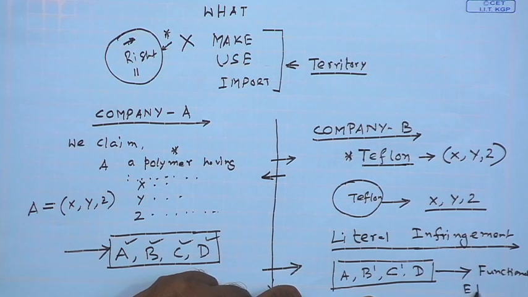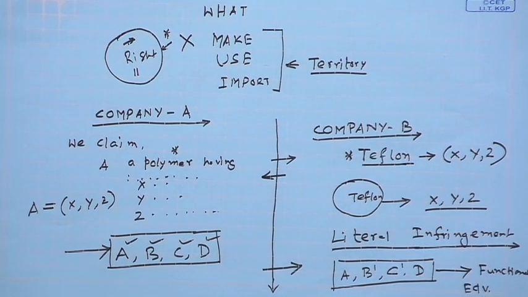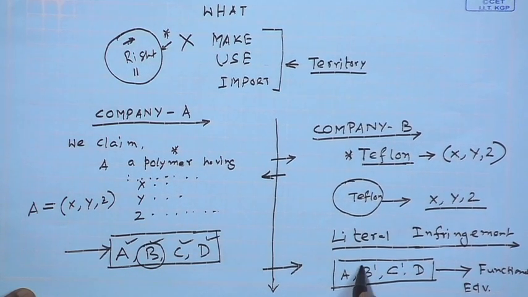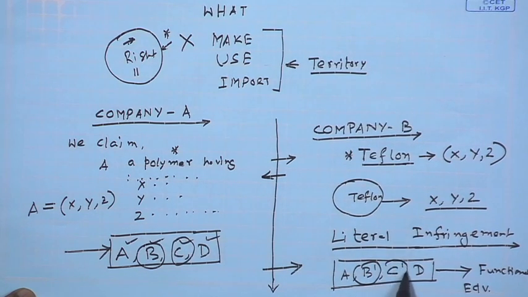So literally B is not there, B has been converted into B bar, C has been converted into C bar.